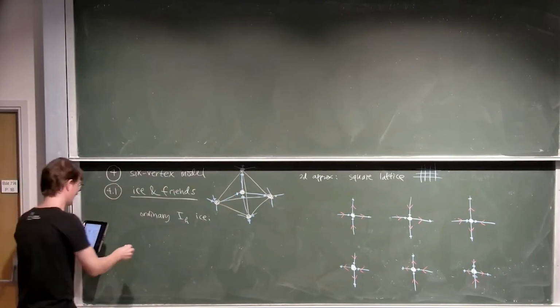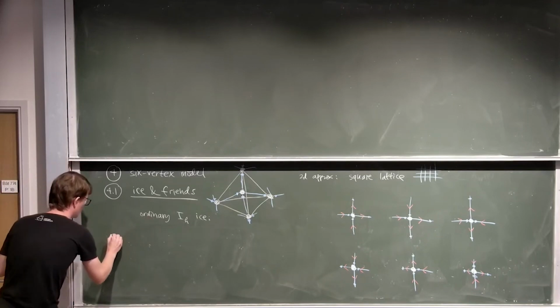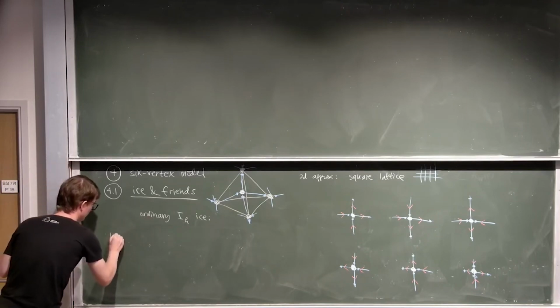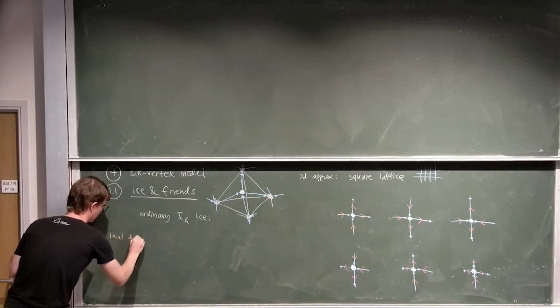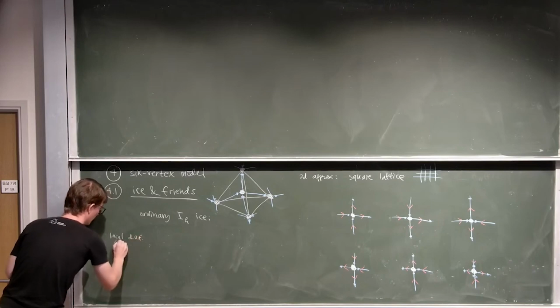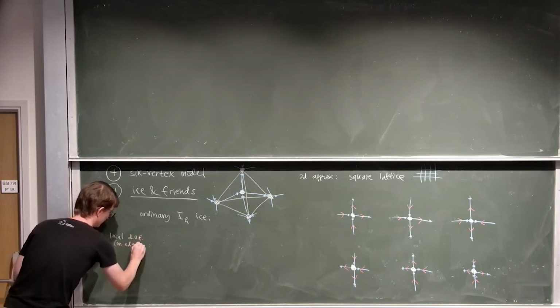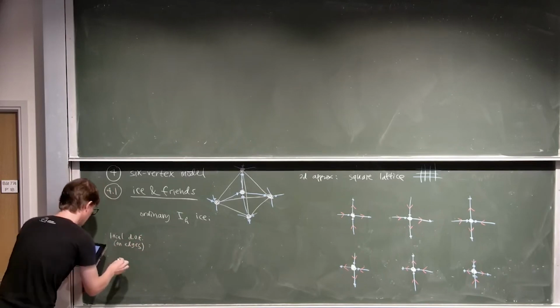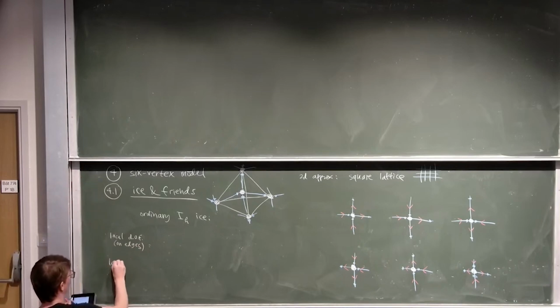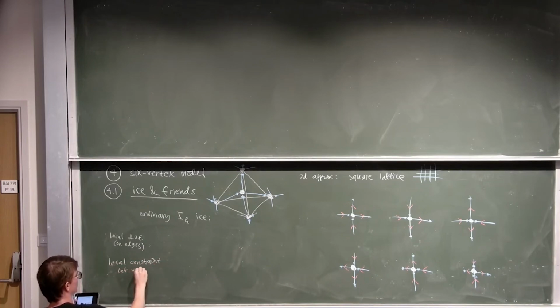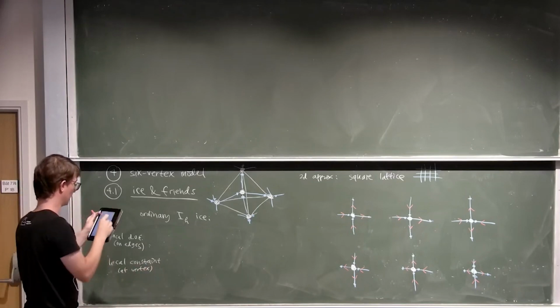Okay, so let's make a little list on the left. So we have our local degrees of freedom, which are sitting on the edges. And then we have our local constraints, which is at the vertex. So we have many different ways of thinking about this.